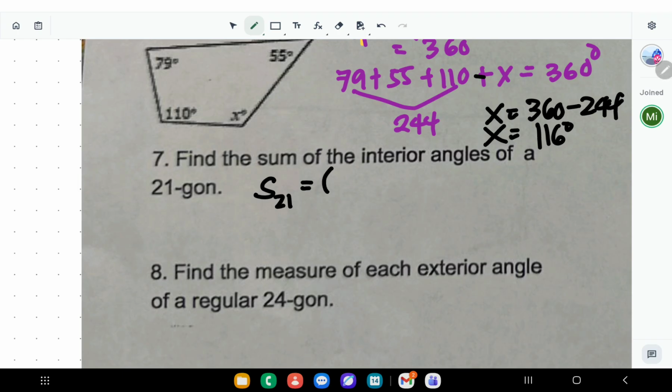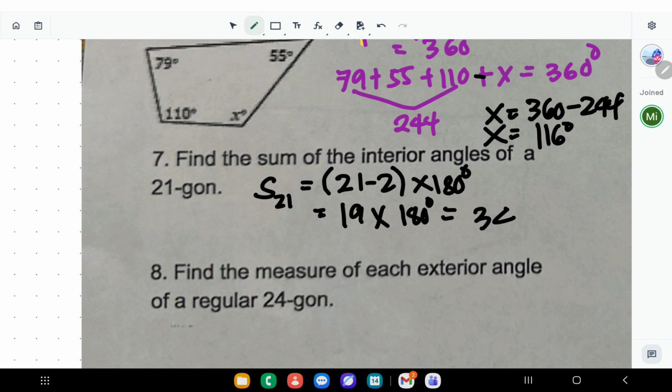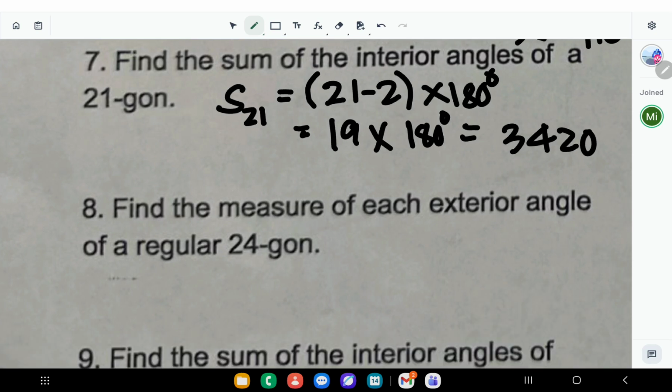Okay, so that's right. 3,420. That is the sum. And number 8, find the measure of each exterior angle of a regular 24-gon. So what is the sum of the exterior angles again of any polygon?